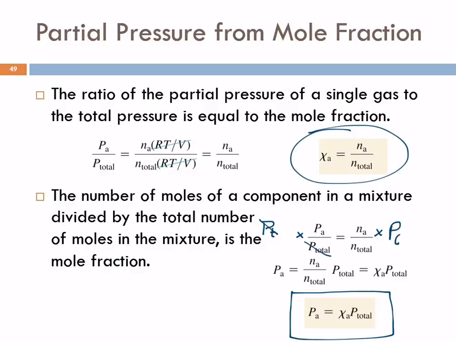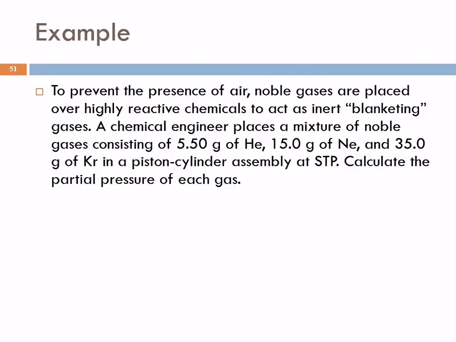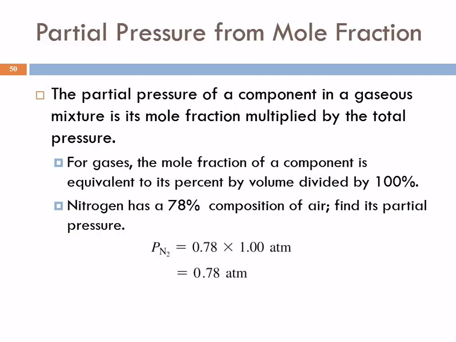And so that's how they're getting this. PA equals this mole fraction, nA over n total, times P total, which is chi A P total. And there it's just written out nicer. The partial pressure of a component, a single gas in a mixture, is its mole fraction times the total pressure.